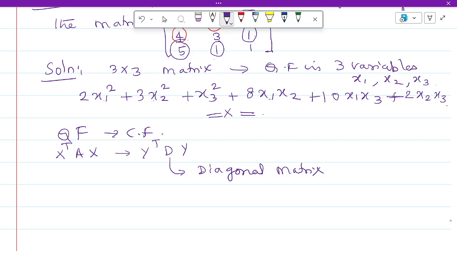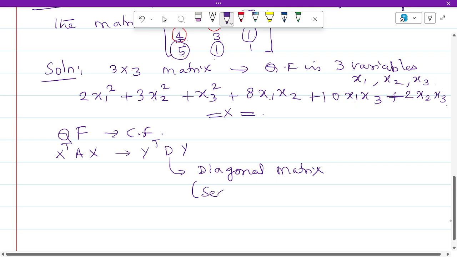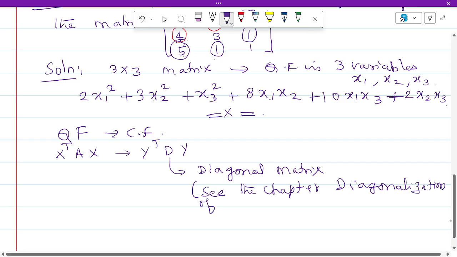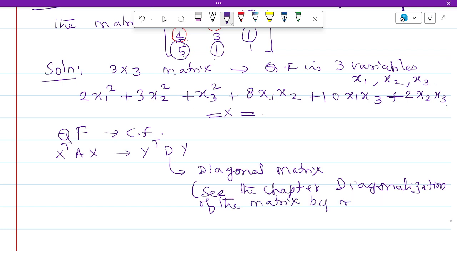Where you get the idea to get the diagonal matrix is in the chapter on diagonalization of the matrix by orthogonal transformation.